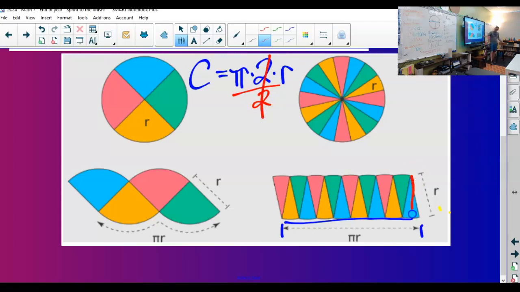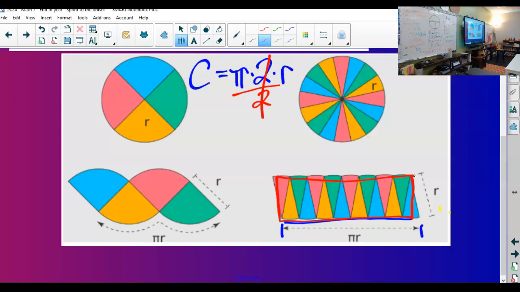So now that we've made this into essentially a rectangle, how do we find the area of a rectangle? Base times height. And that's what leads us to the formula that's on your paper and is up here. To find the area of a circle, we do radius squared times pi.